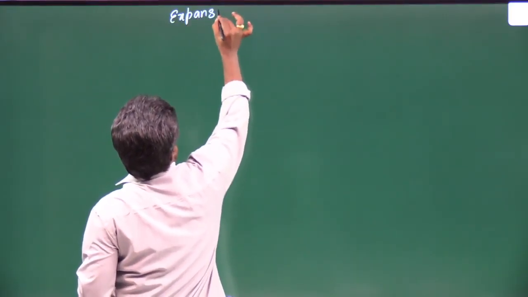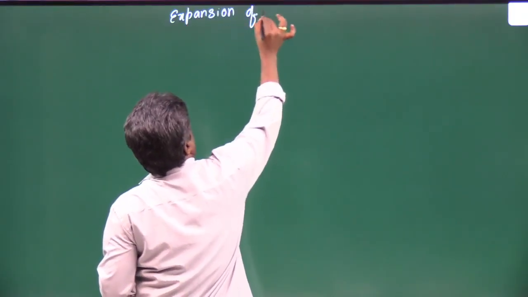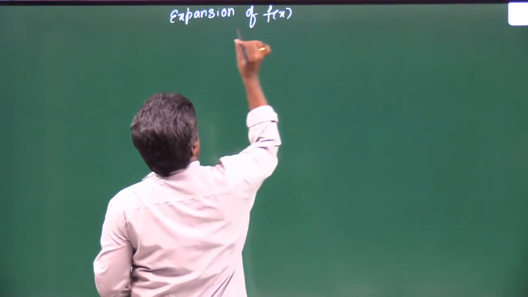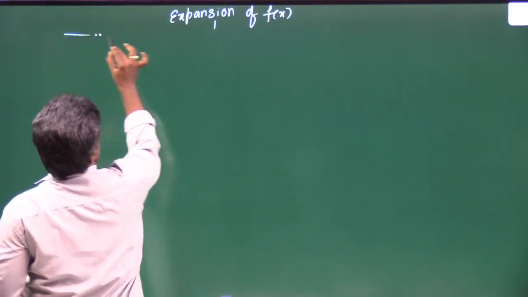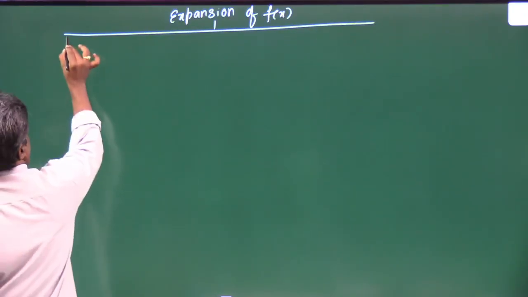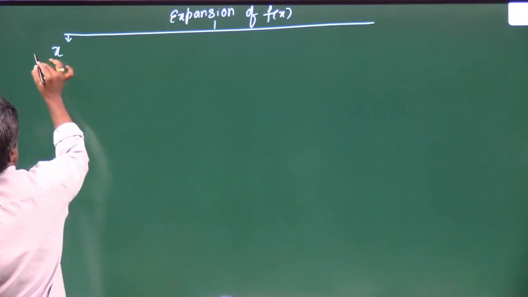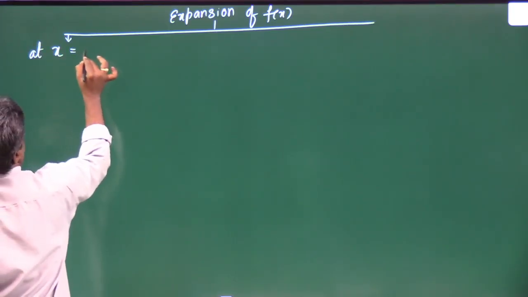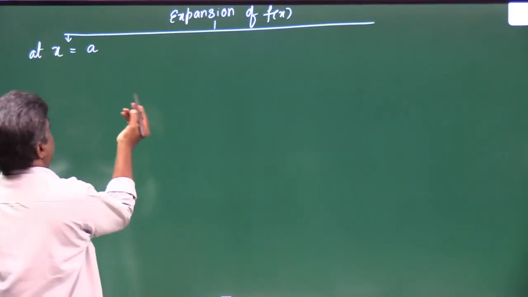So finally here we have the expansion of f of x. We have taken two cases. The first case is at x equal to a. Let me write one more time. This is the expansion at x equal to a, other than the origin.